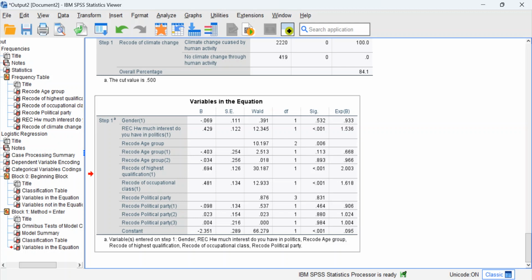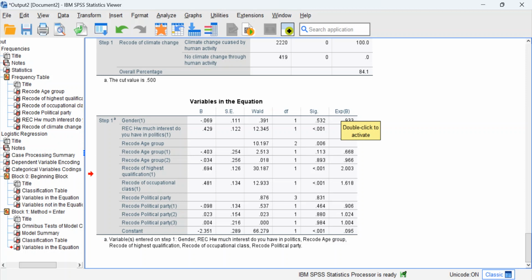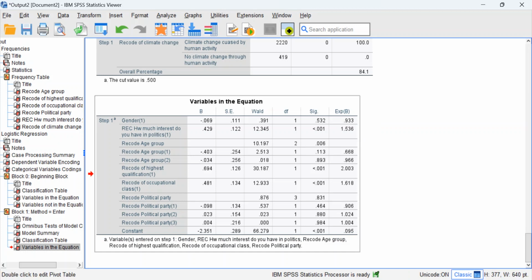We can see here that the odds ratio is 0.933, very close to 1, which suggests that there isn't much difference between what women think is happening regarding climate change compared to what men think is happening regarding climate change. And sure enough, we've got a very large value for the significance.